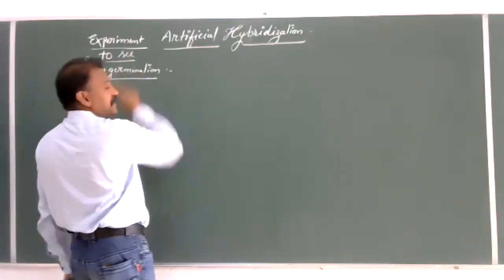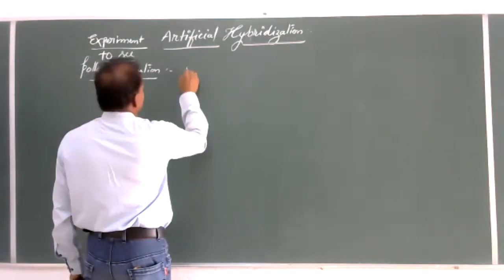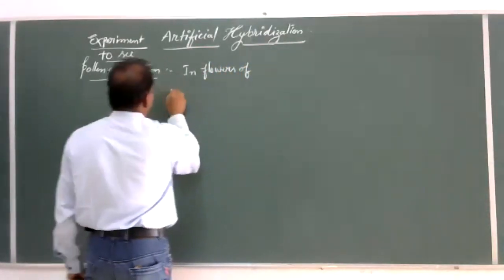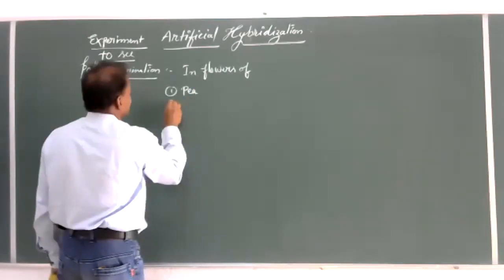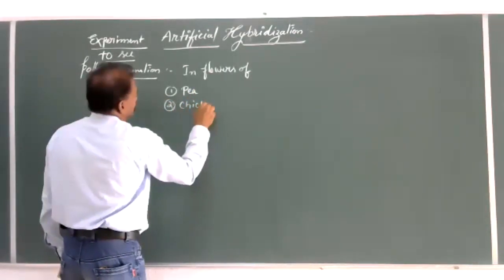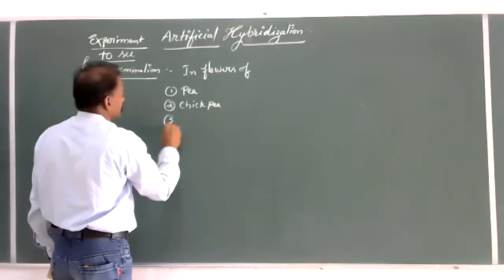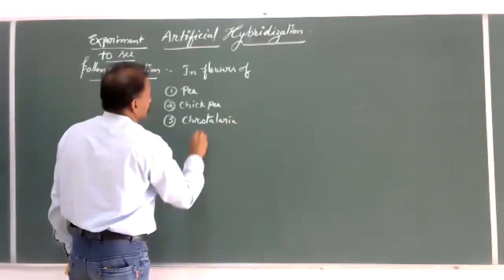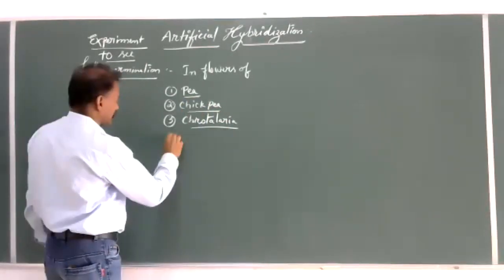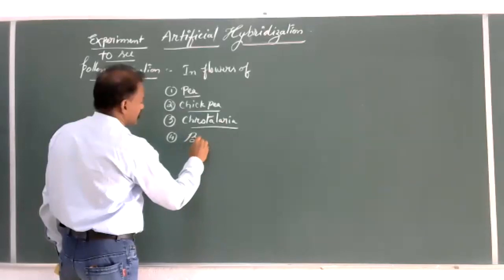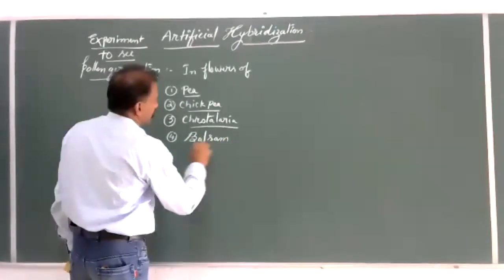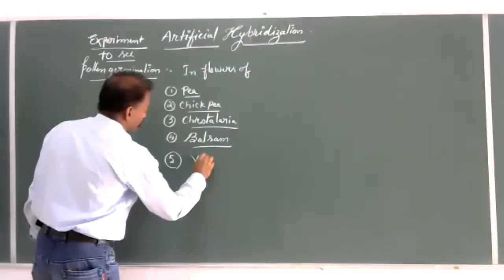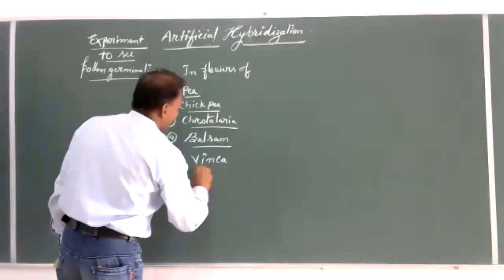Pollen germination can be seen in flowers of pea plants, chickpea plants, Crotalaria, fiber yielding plants, balsam plant, Vinca rosea plant.